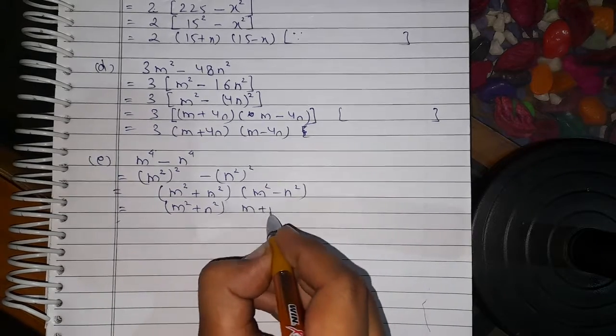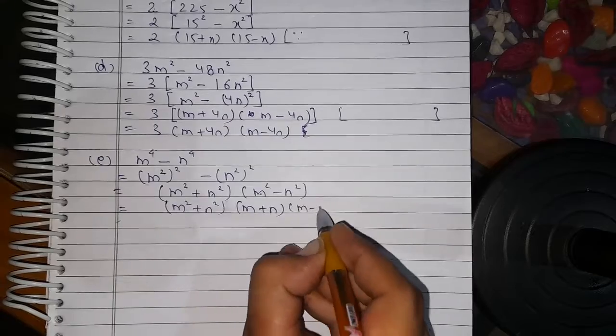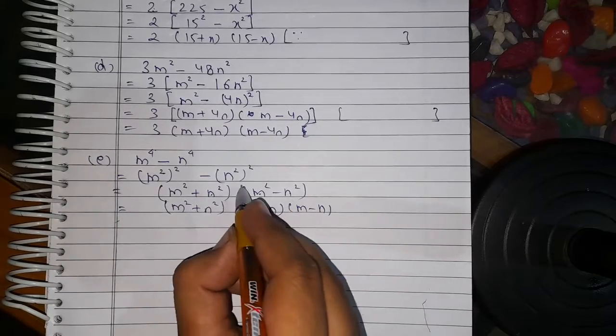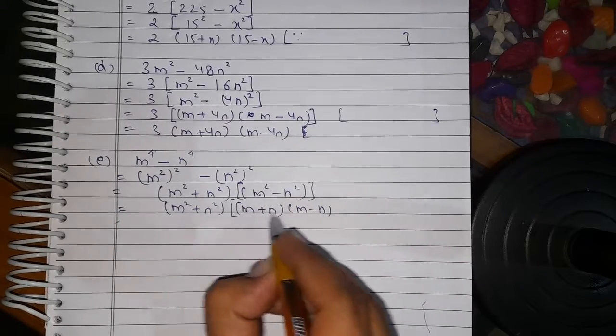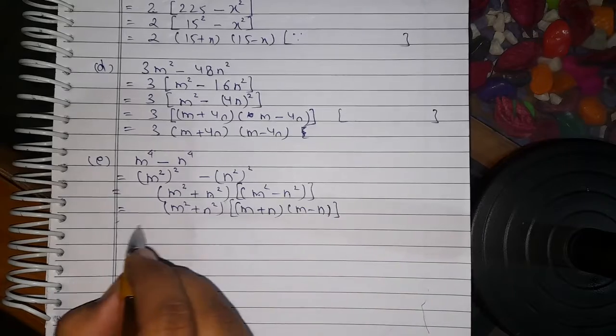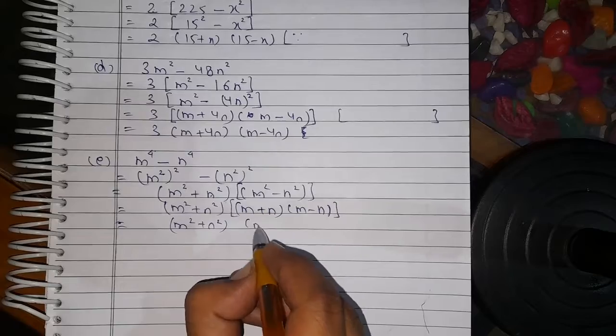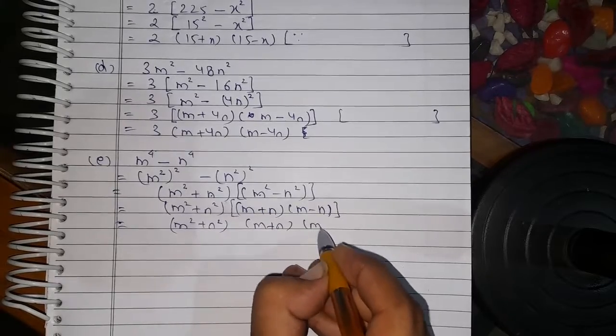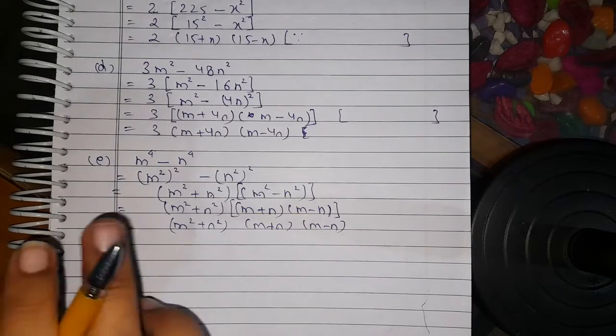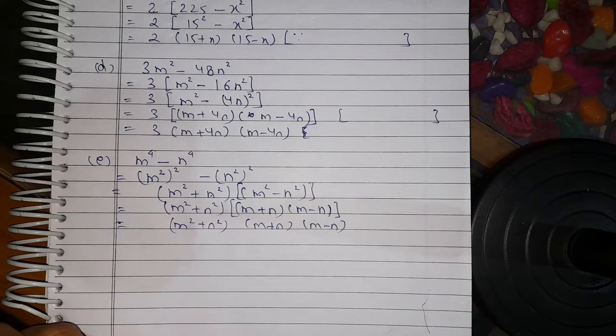Again apply this, (a plus b)(a minus b), in this part only. To avoid confusion, I am using a big bracket here. Clear? This question is very important, because in this question we used a single identity 2 times.